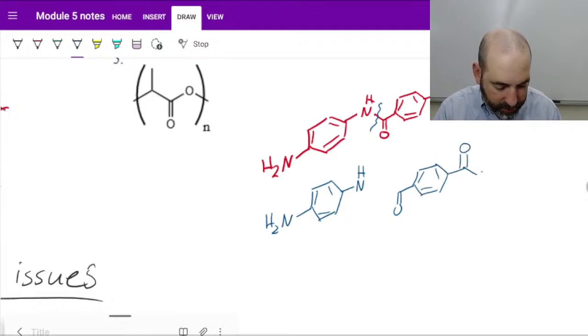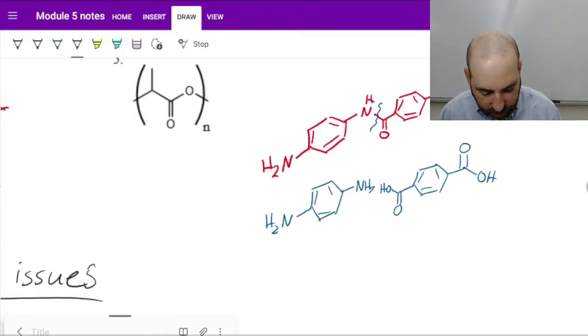Because we know that these condensation molecules often do this. So we can then cap this with OH and this one with H. Again, it's probably a little cleaner to make that NH2. And those are the two molecules really that would make this polymer.